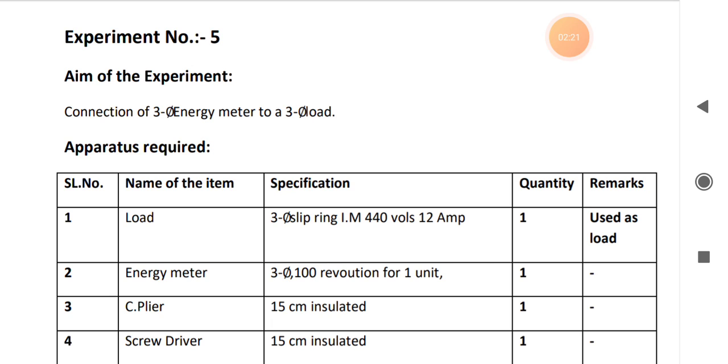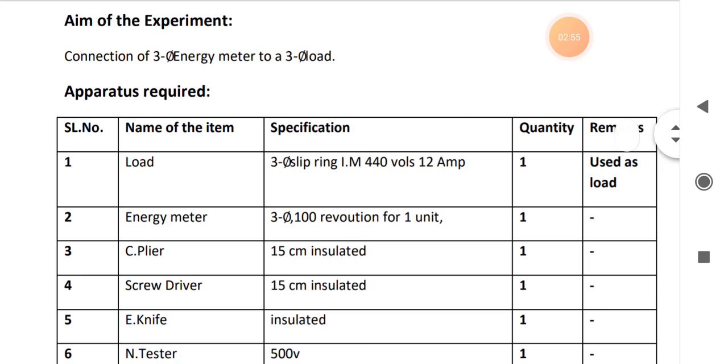Now we will run this motor for a duration of 1 hour and we will take the reading. And mind you, students, the initial reading has to be taken because these meters give cumulative readings. So the initial reading should be noted, and when the final reading has been observed, the final reading minus initial reading will give you the energy consumed.